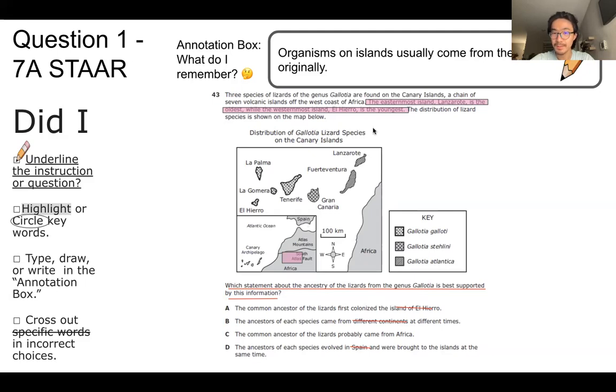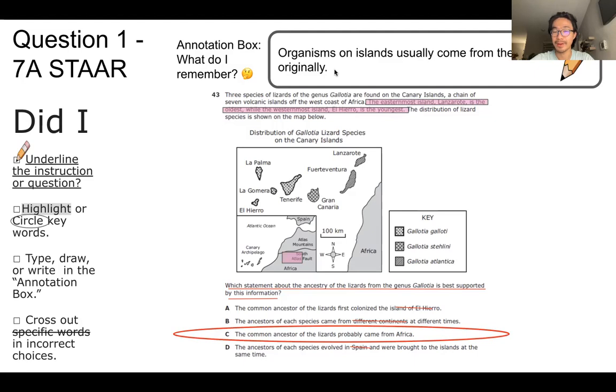So Spain would be like up here, if we had a bigger map. Usually, we know that organisms move step by step. So we probably move to one island and then another island and then gradually move its way down. So they're probably not brought to the island at the same time. So that leaves us with C.